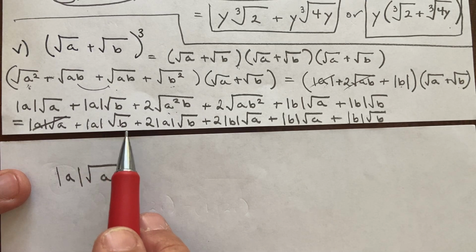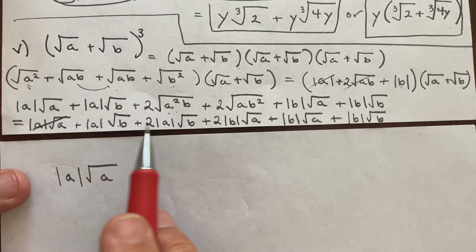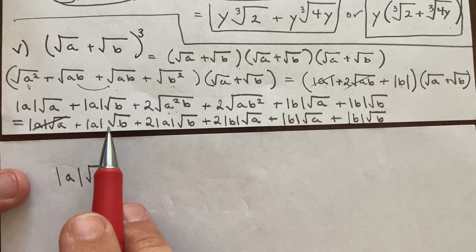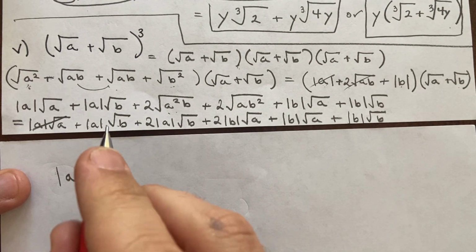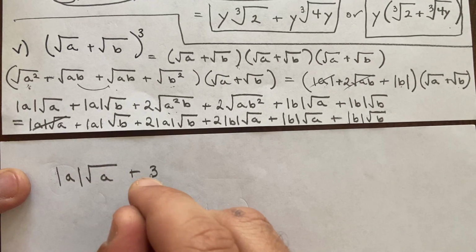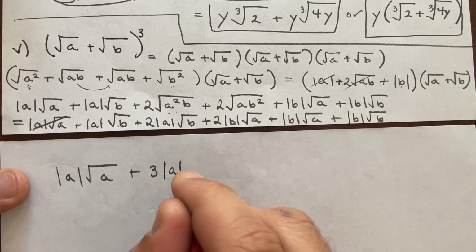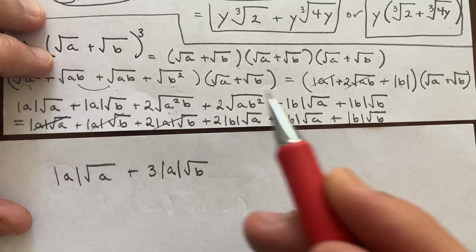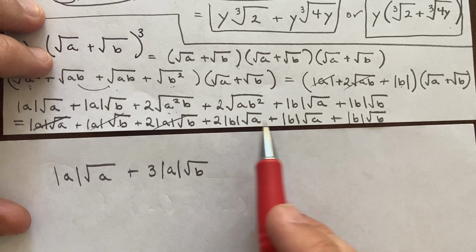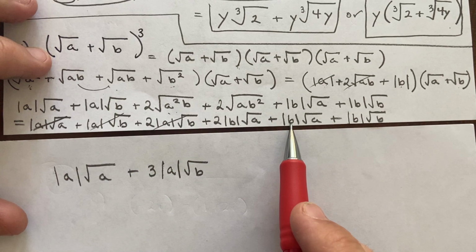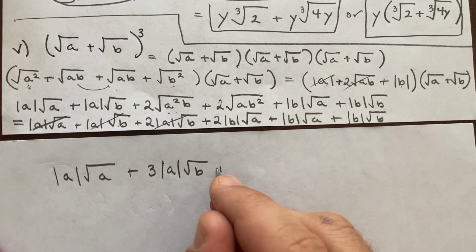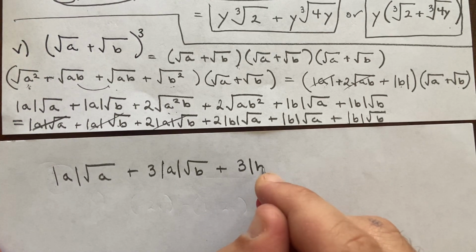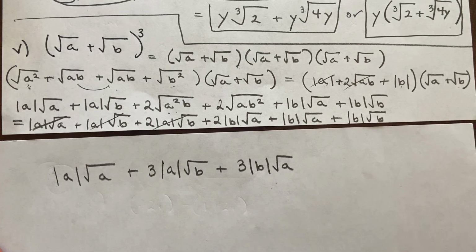Absolute value a root b. I have 3 of those right here. Right? These are like terms. So I have plus 3 absolute value of a root b. So these 2 are done. And then in a similar way, I have 2 copies here and 1 copy here. So I have plus 3 absolute value b root a.